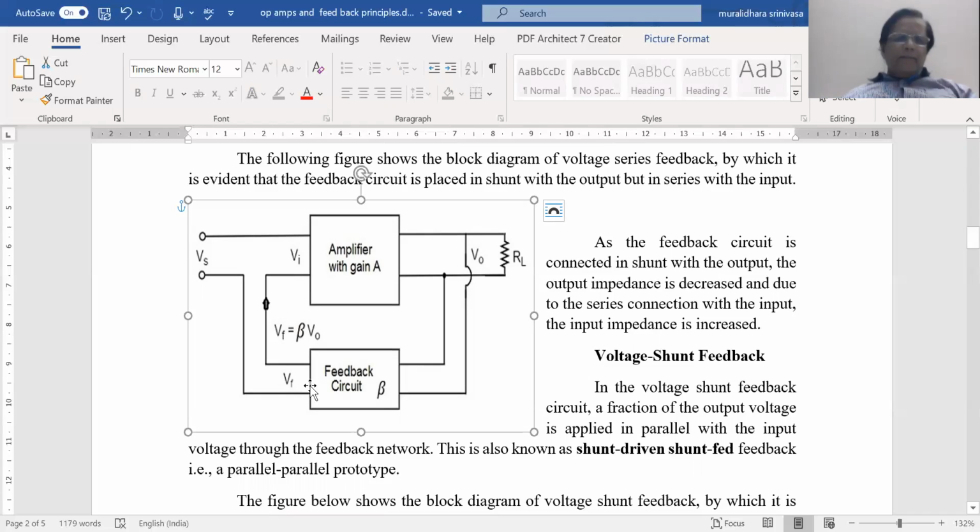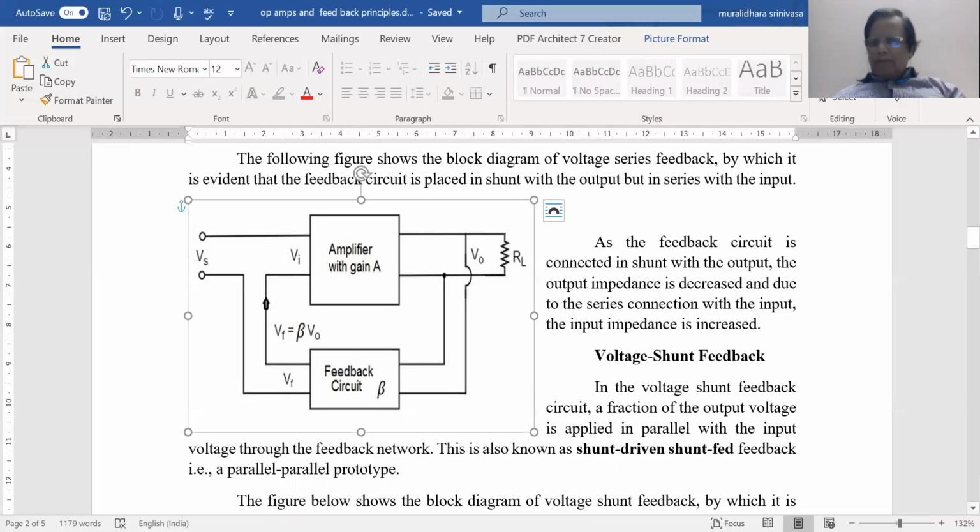On the other hand, when you are feeding it back to the input in series, the input impedance of the amplifier overall increases. So input impedance increases, output impedance decreases in a voltage series feedback connection. That is what you have to remember.